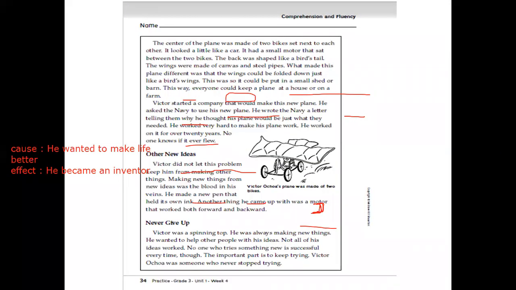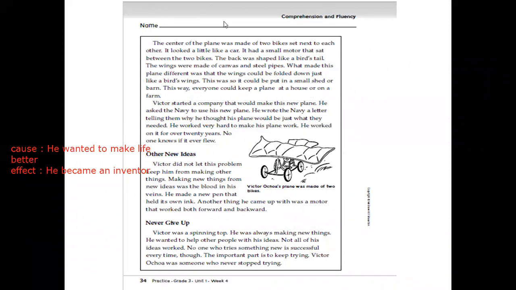Turn your page. The center of the plane. Now we said that he invented a flying machine. The center of the plane was made of 2 bikes. You can see that in the picture. Let me erase these lines. You don't need them.